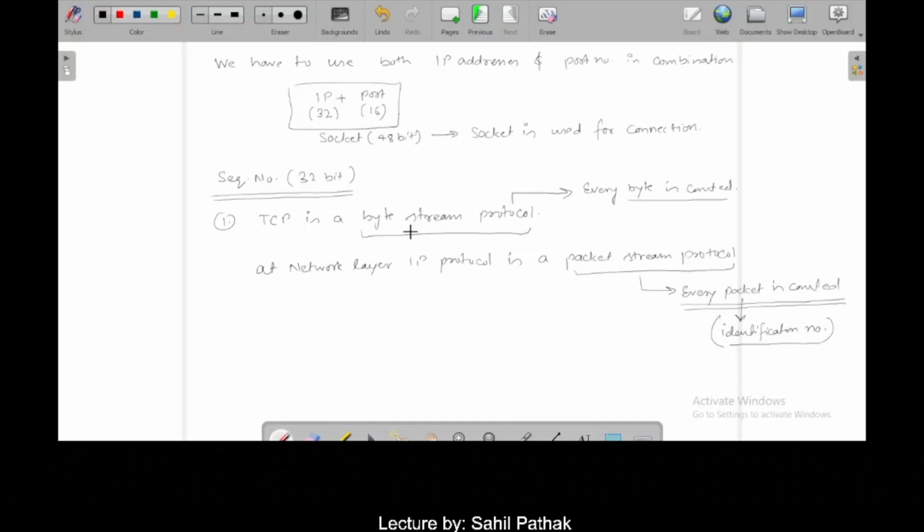Similarly, TCP is a byte stream protocol, and to count every byte we have the sequence number. That means we will put a unique sequence number on every byte being received from the application layer.